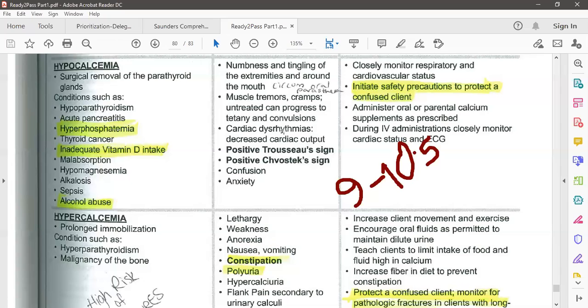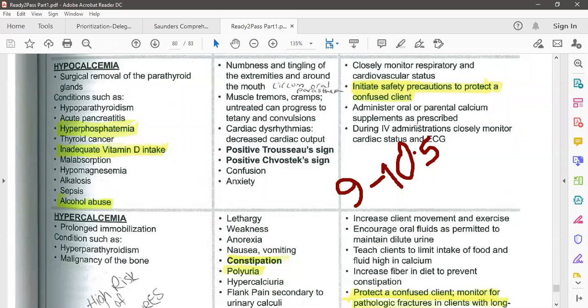There is also a chance of developing cardiac dysrhythmia, and decreased cardiac output. Finally, the patient will become confused.